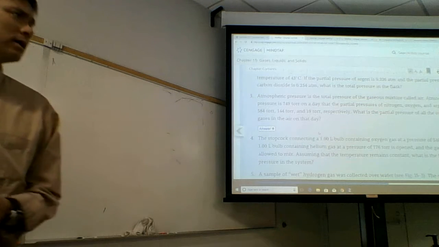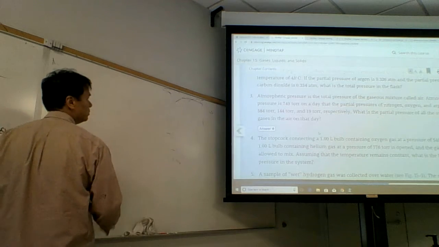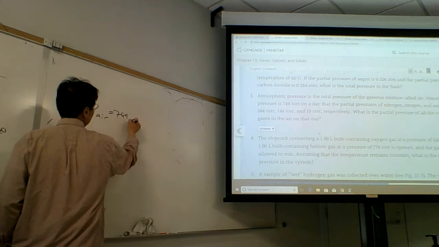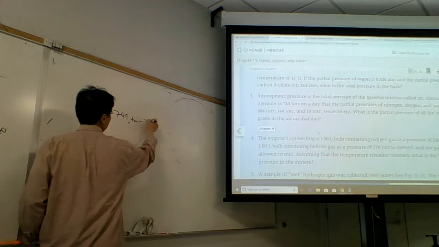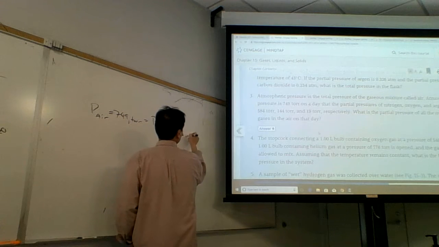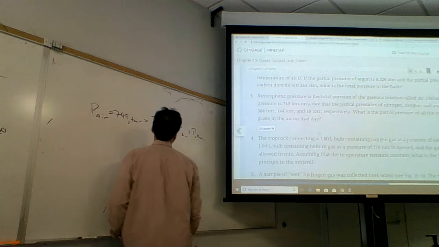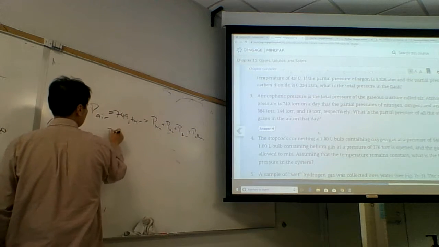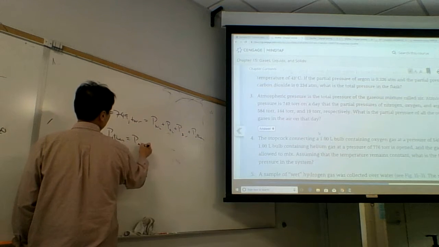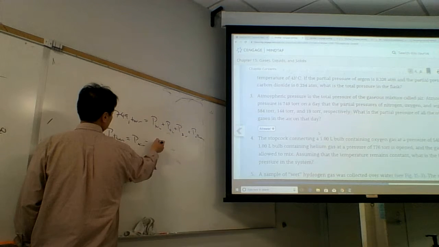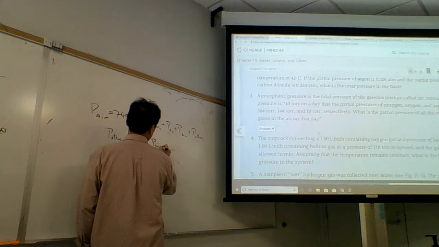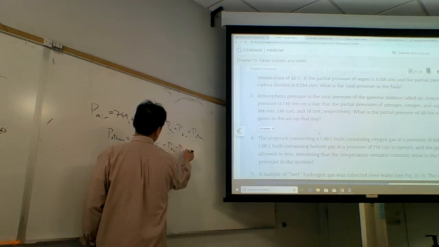Well, there are some minor components in air, like helium, CO2, etc. And so P of air is equal to 749 torr. And that's going to equal the pressure of the nitrogen plus the pressure of the oxygen plus the pressure of the argon plus the pressure of the other gases. So if we want the pressure of the other gases, that's going to be P of the air minus the pressure of nitrogen minus the pressure of oxygen minus the pressure of argon.